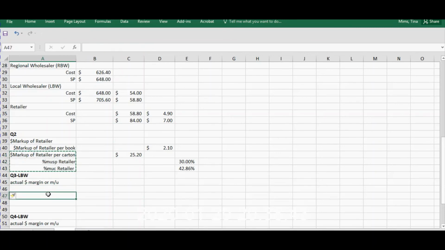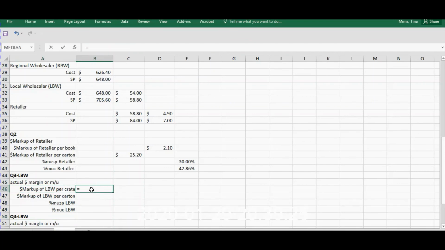Okay, 1, 2, 3 lines, and here we'll need a dollar markup of LBW per crate. I usually copy and paste so I can save time. I don't know if it really saves any time or not.